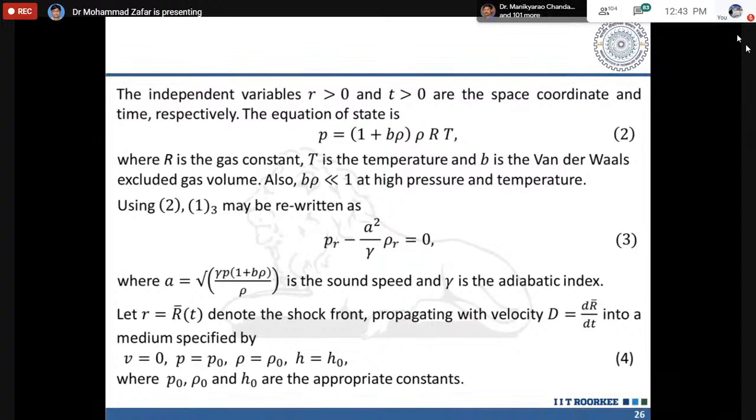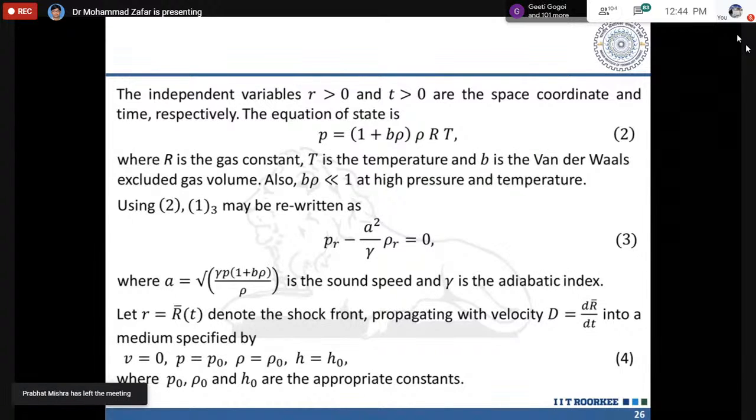Using equation number 2, the third equation of system 1 can be written as p_t minus a square upon gamma rho_t is equal to 0, where a is the sound speed given by this relation, and the term gamma appearing in equation 3 is nothing but the adiabatic index. This is a constant we are taking, which is the ratio of specific heats of the gas, that is Cp upon Cv.